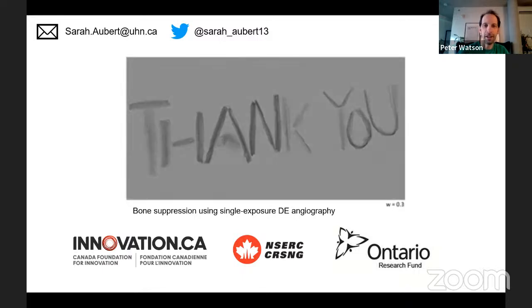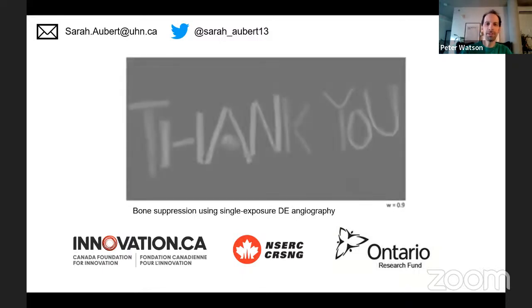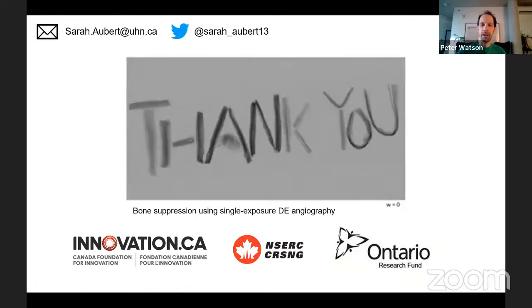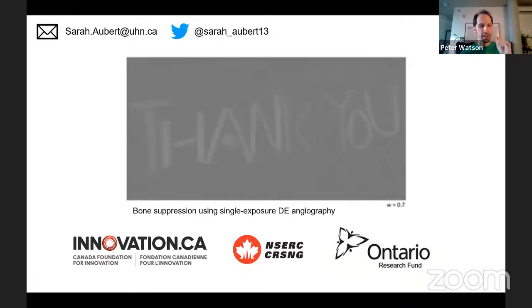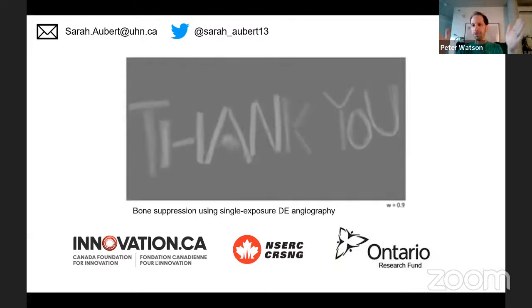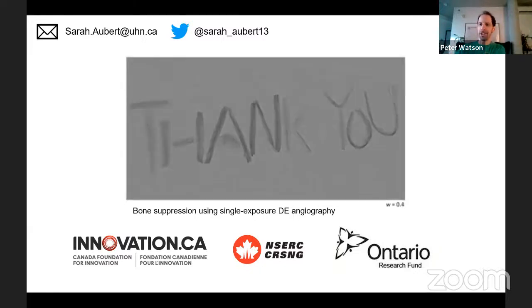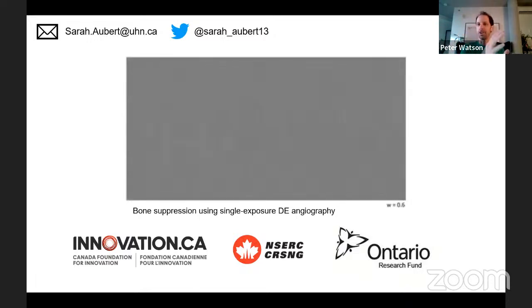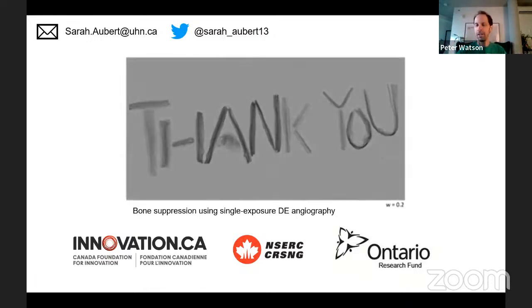Very good. At one point you talked about studying low scatter, high scatter conditions, and I had a question about the experimental setup. To get low scatter, you basically just boosted the air gap between your scattering object and the detector. But then how did you keep the field of view the same, because you're geometrically magnifying?